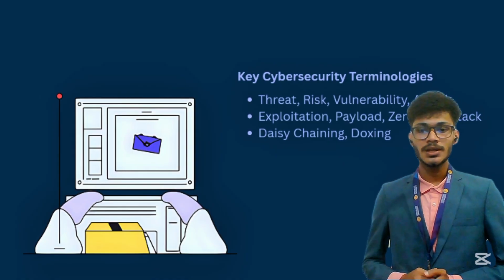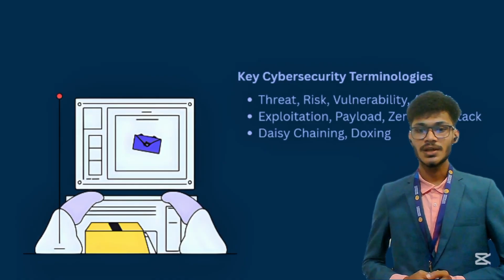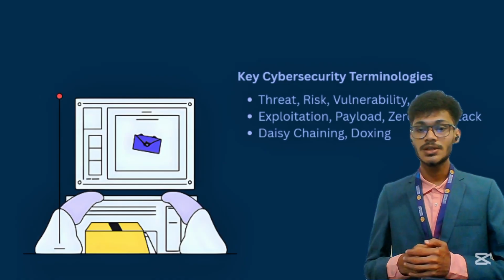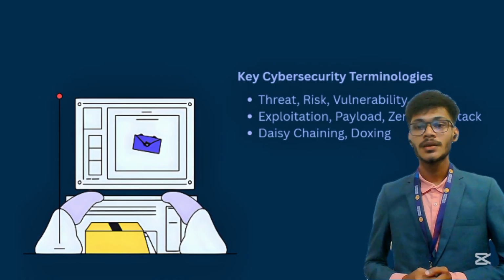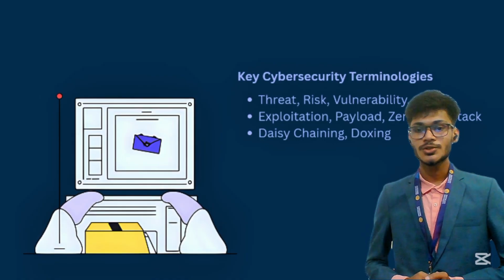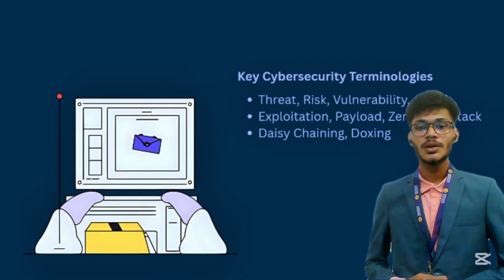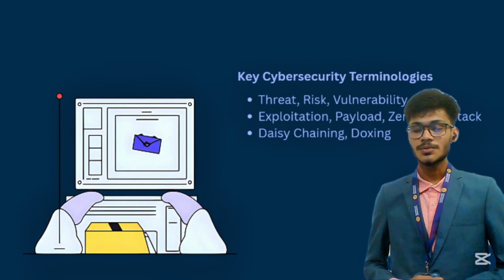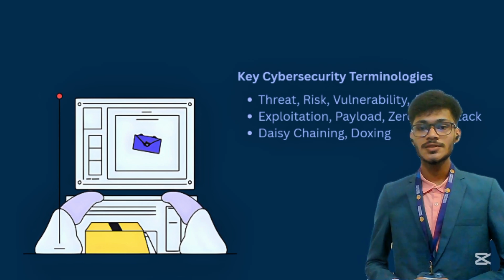Hackers often use payloads, zero-day attacks, and daisy-chaining techniques to bypass defenses. Even doxing, exposing personal information online, can destroy reputation. Without understanding these terms, we cannot truly grasp how cyberattacks function.